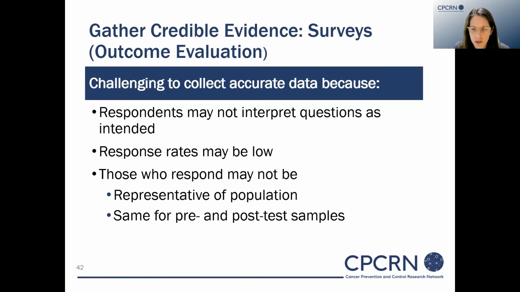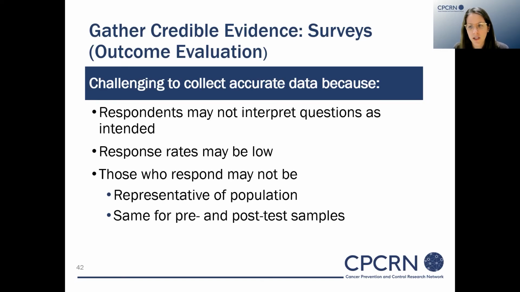And so this is more challenging because you need to be able to claim that the individuals that you surveyed are actually representative of your overall sample and the people that you want to reach. And also in the case with a pre-post test survey, you'll need to be able to claim that the individuals who took your pre-intervention survey are equivalent to those who were surveyed at the end.